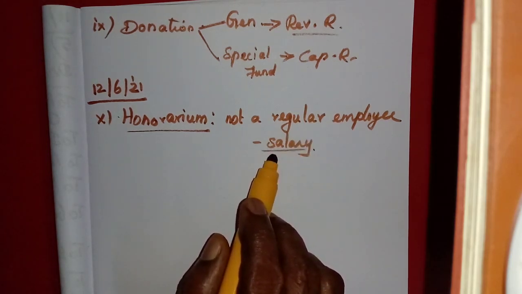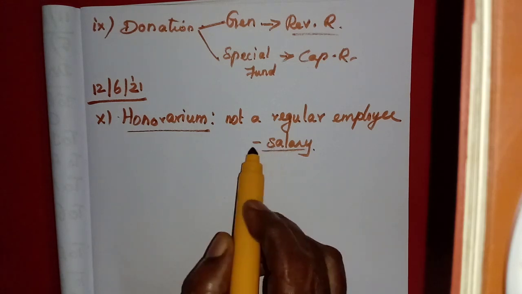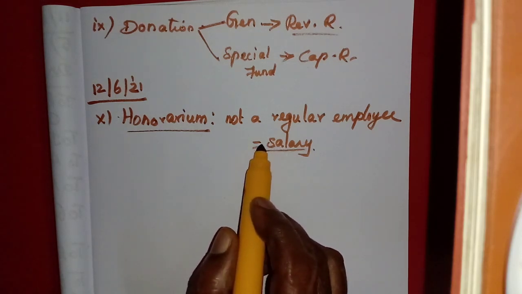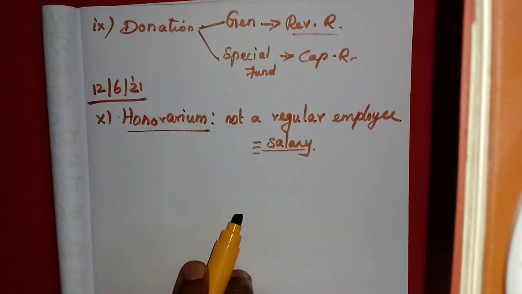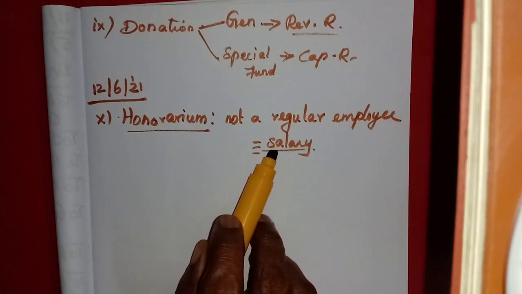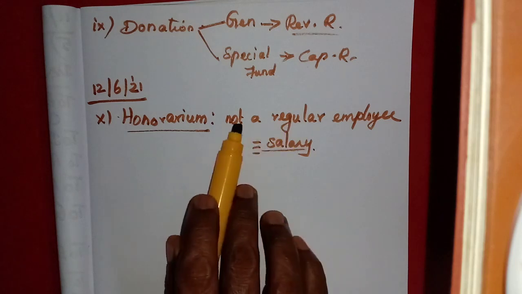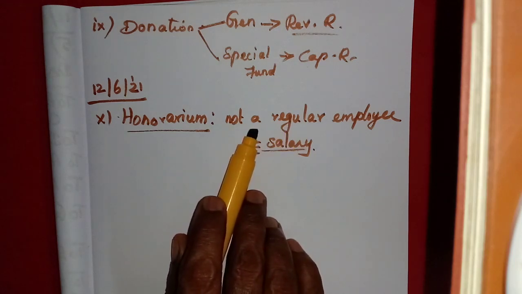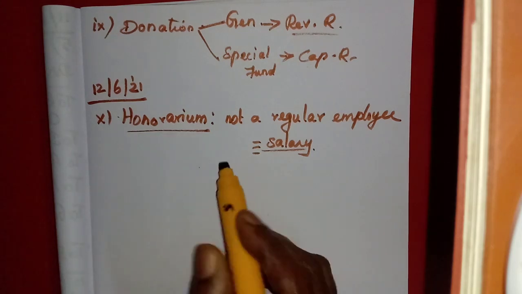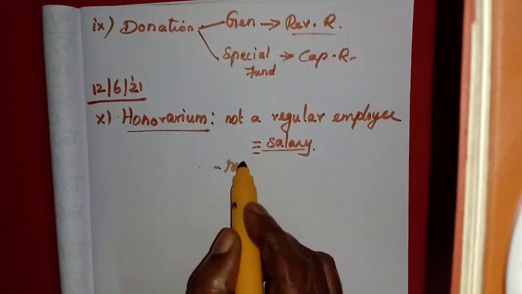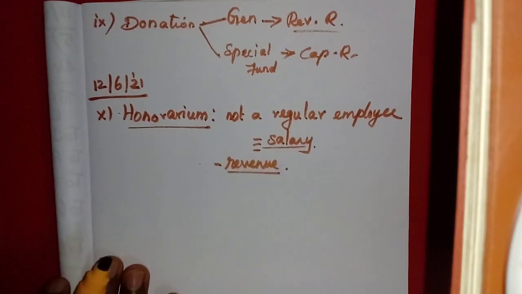Salary means the monthly salary for the regular employees, isn't it? But this one is similar to salary, but not for a regular employee. It is called honorarium. This one is also revenue nature, because we often pay this amount.